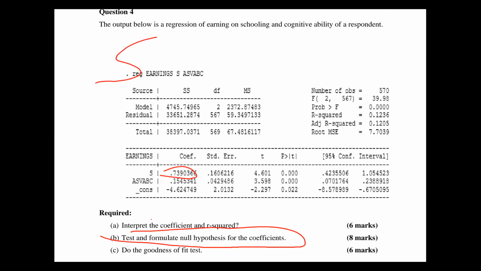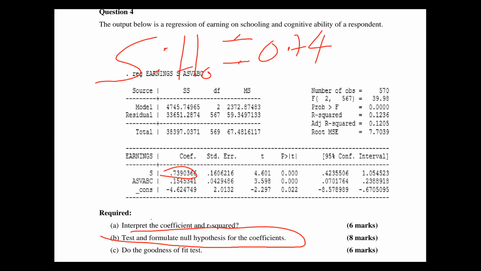Which means for schooling, H naught, the null hypothesis, should be equal to 0.74. Now, when you say this is equal, you mean that it has got no impact.